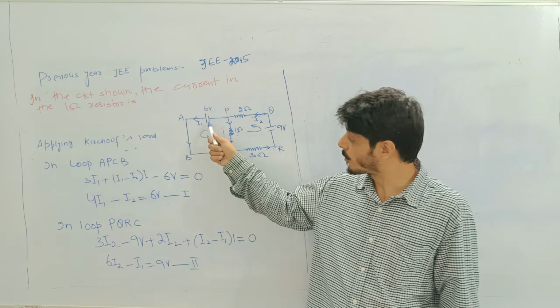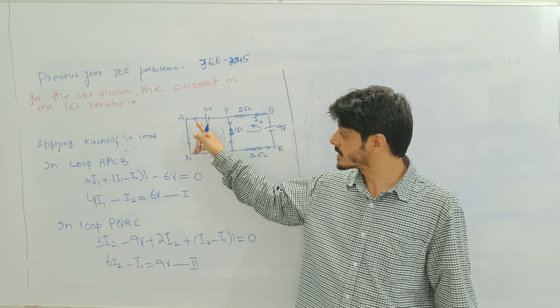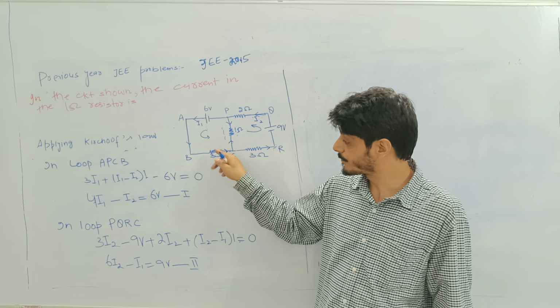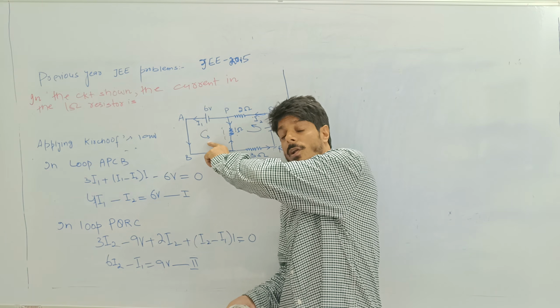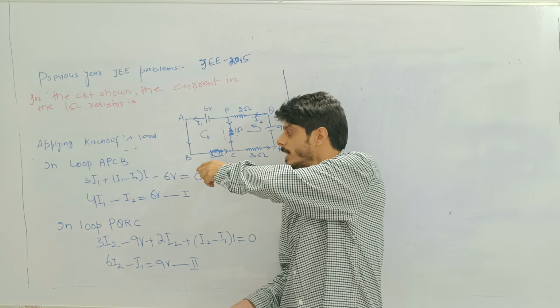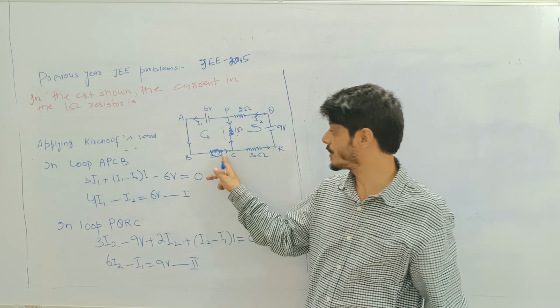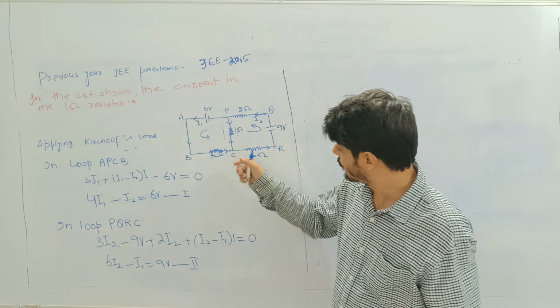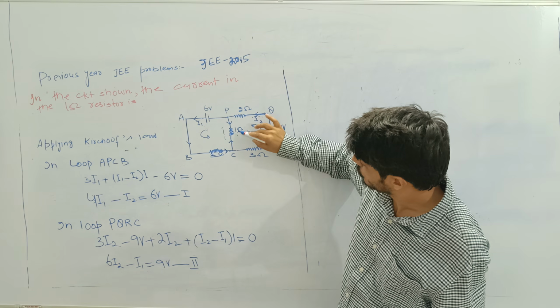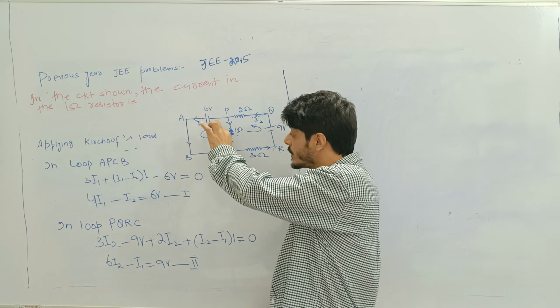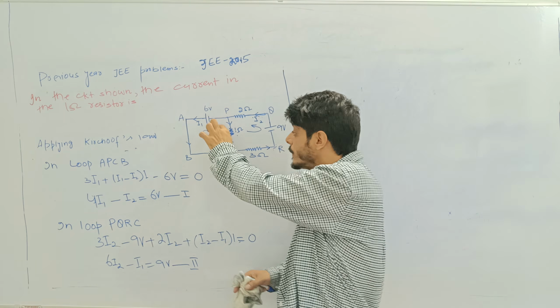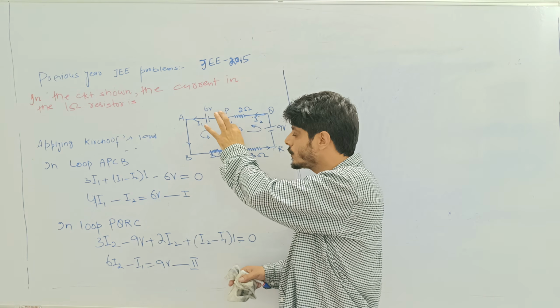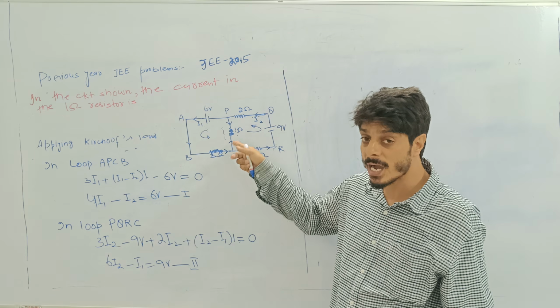While going along this loop, the potential difference across this resistance is V equal to IR, that is 3 into I1, so 3I1, plus the potential difference across the 1 omega resistance.